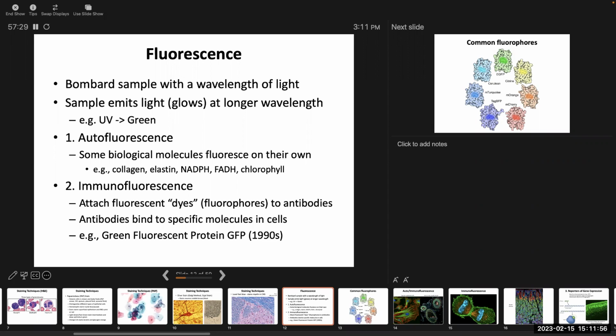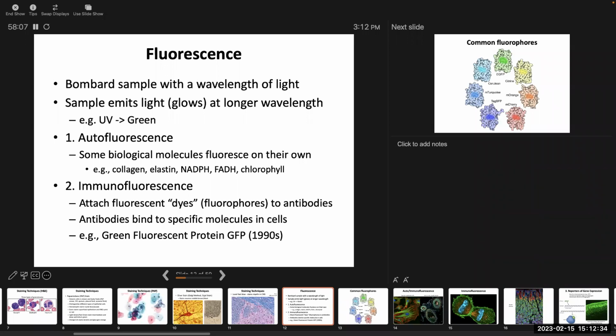So let's say you wanted to locate the actin in a cell. Actin is a protein that's an important part of muscle cells. It's part of the cytoskeleton of most cells. And let's say you wanted to figure out where the actin is located in different cells. You could create an antibody that's going to bind specifically to actin, then attach one of these fluorophores or fluorescent dyes to the antibody. You introduce the antibody into a sample, and the antibodies will then attach only to the actin, only to whatever they're antibodies for.